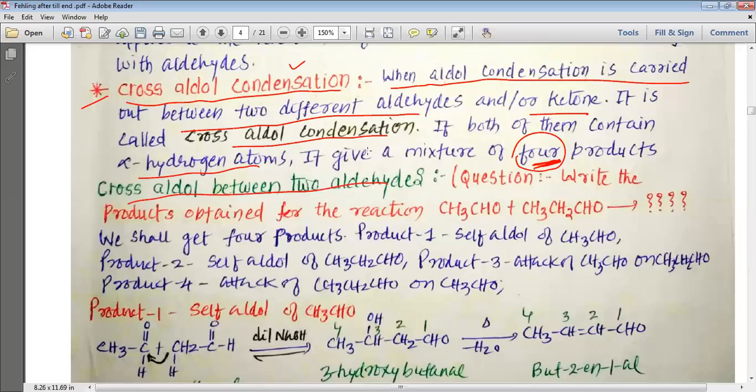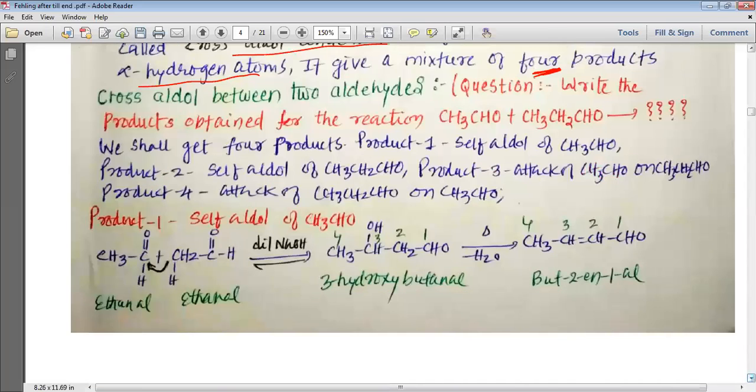So let us first understand the cross aldol condensation taking place between two aldehydes, my dear students. Let me write a question for you. Write the various products obtained for the reaction between ethanal and propanal, or acetaldehyde and propionaldehyde. We shall get four products.